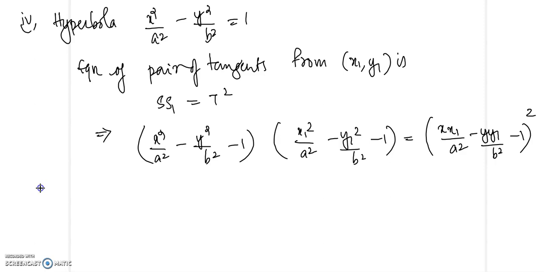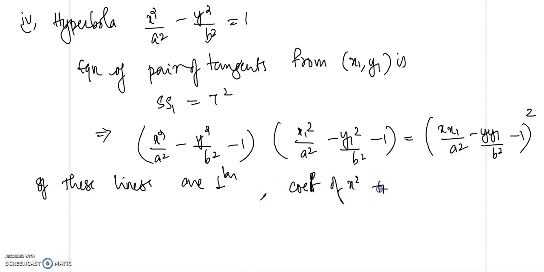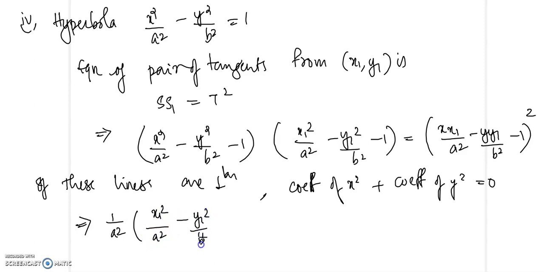So now if these lines are perpendicular, then coefficient of x square plus coefficient of y square is equal to 0. So coefficient of x square is 1 by a square into x1 square by a square minus y1 square by b square minus 1.